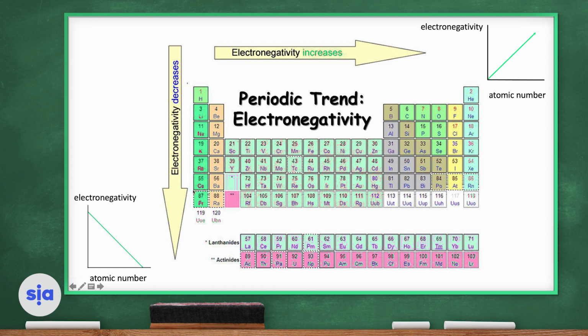While in groups, they decrease in this way, from up to down, while the atomic number increases from up to down. So actually the relation is inversely proportional. They are opposite to each other in groups.